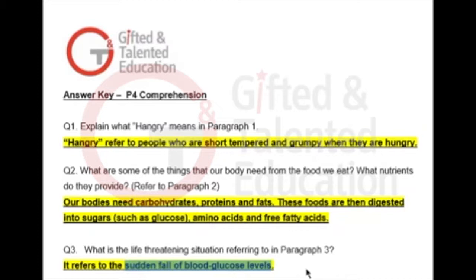So there you go. As we read through the passage carefully, we can look for the keywords to help us solve the questions that follow. Let's move on to question 4.